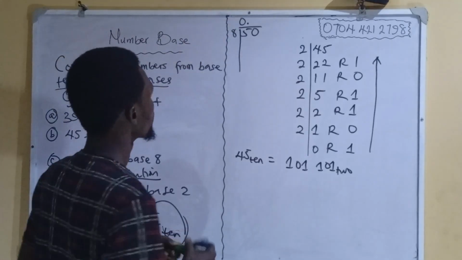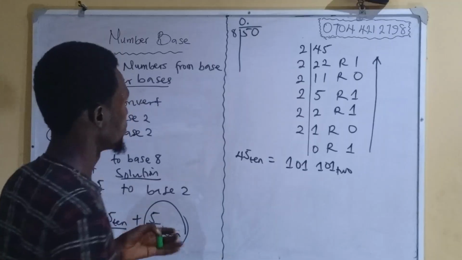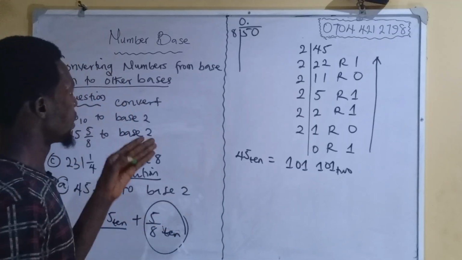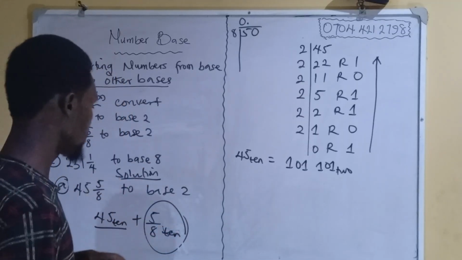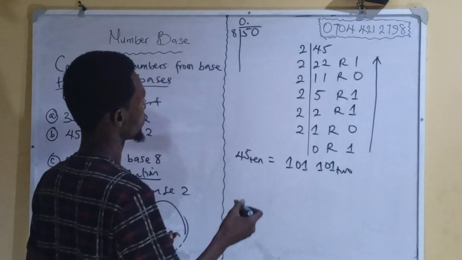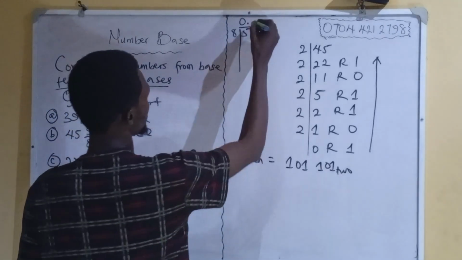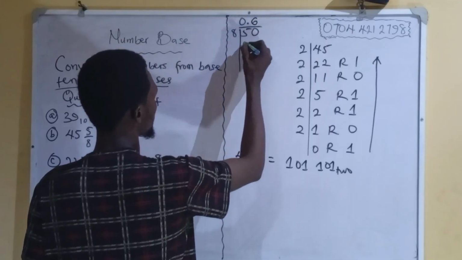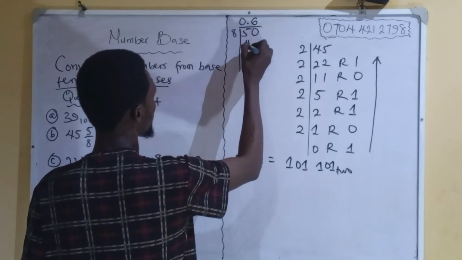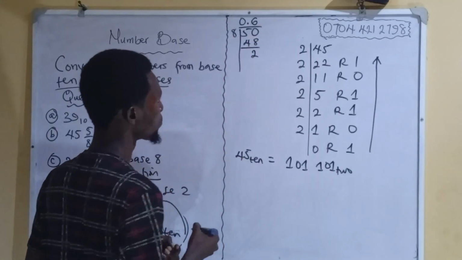Now 8 goes to 50, 8 into 50 is what? That should be 6 times, 48, and the remainder is 2.